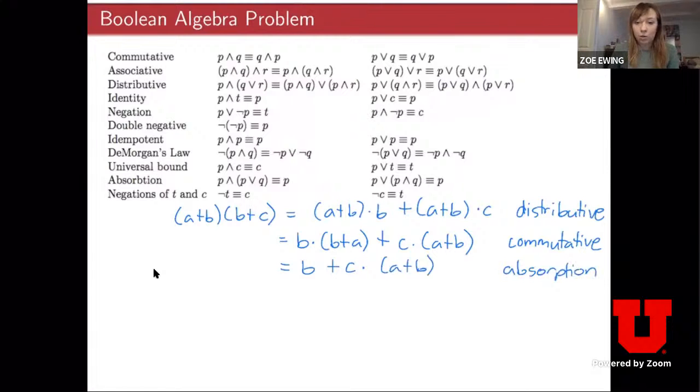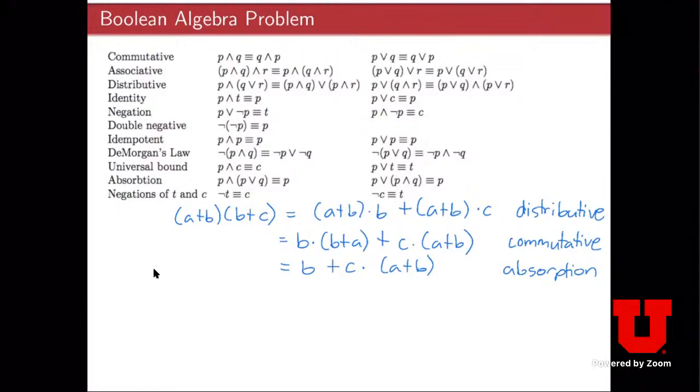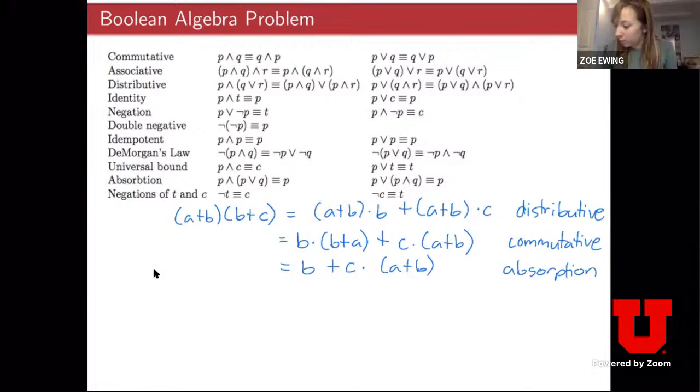All right, now what do we want to use for this term right here? Absorption again. So remember that for absorption, we need to have these two first variables be the same.